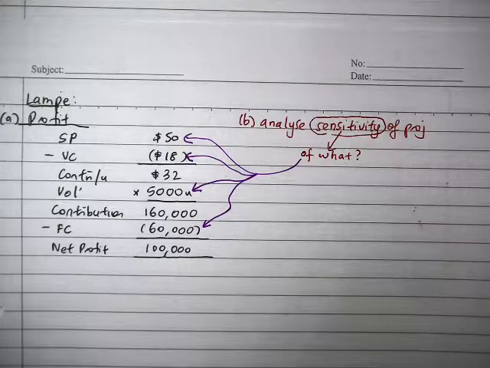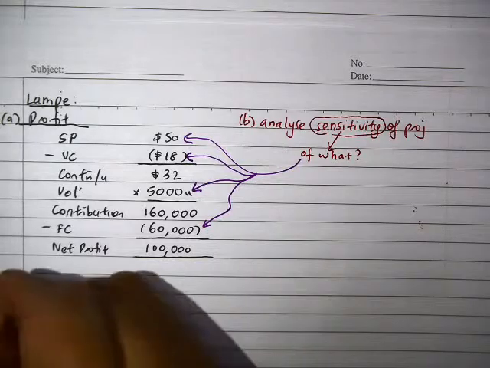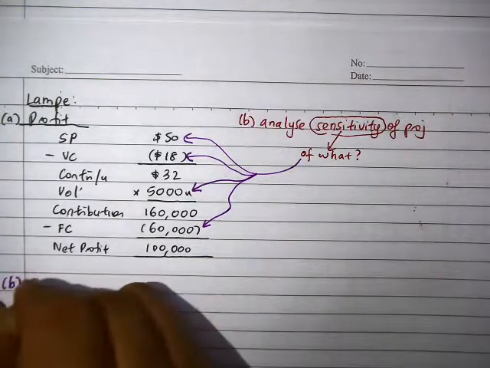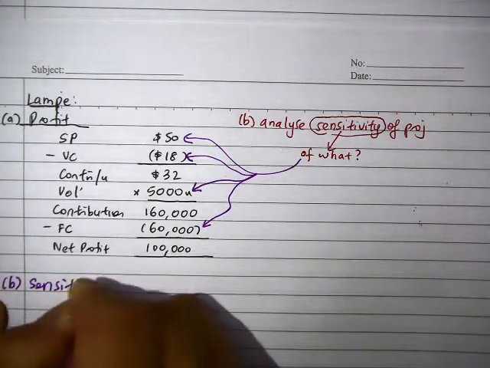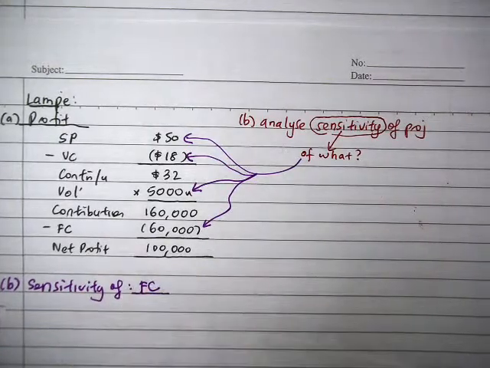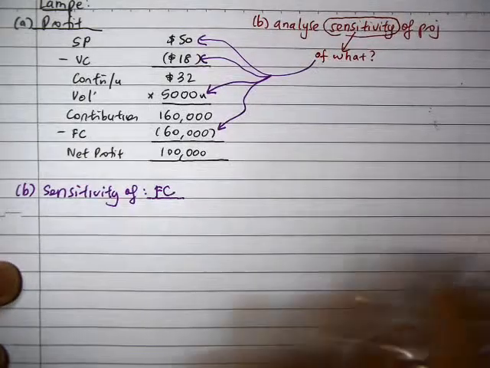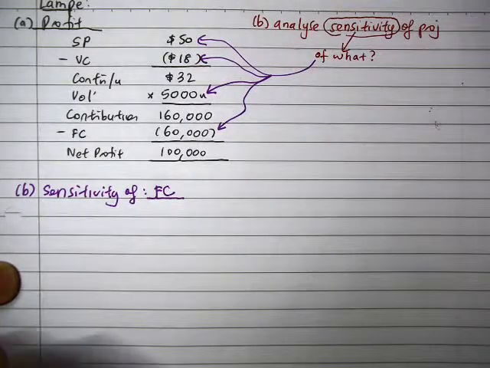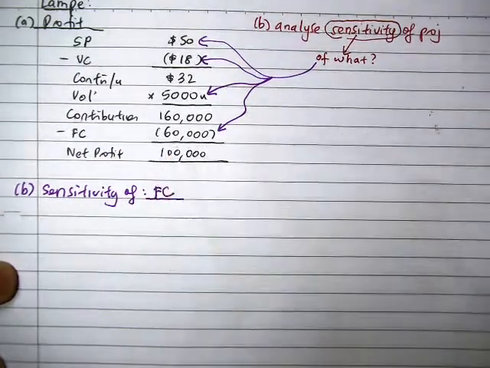Now, example B, sensitivity of fixed cost. Now fixed cost is 60,000.